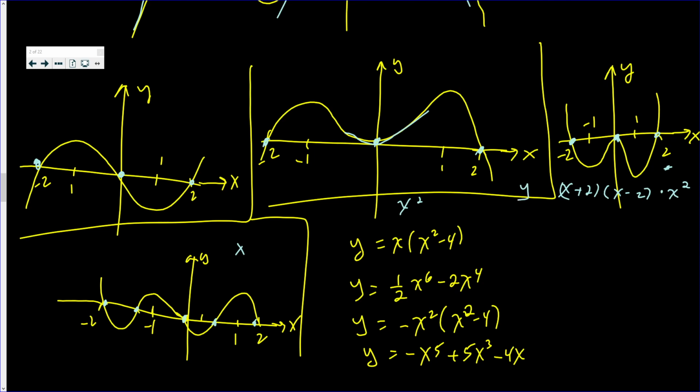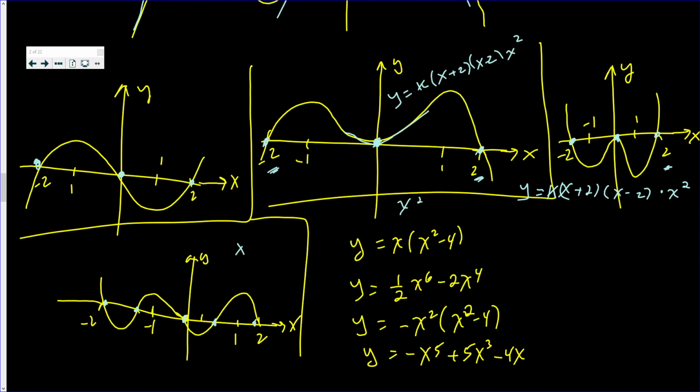Up into a constant. I don't know what constant to put in front. But this one's going to be the same. Going to be a constant times x minus that number, which becomes x plus 2, times x minus that number, times x minus 0, which is x, to an even power.